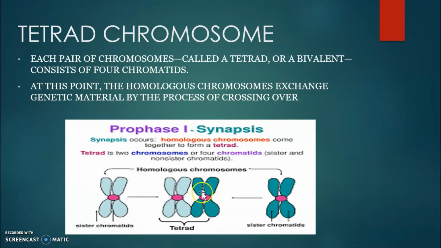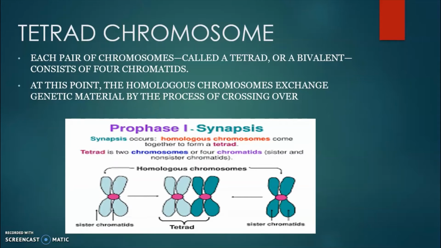When the process of crossing over occurs, the chiasma is formed. Okay, next we will go and see the tetrad chromosome. Each pair of chromosomes called a tetrad or bivalent consists of 4 chromatids. At this point, the homologous chromosomes exchange genetic material by the process of crossing over.